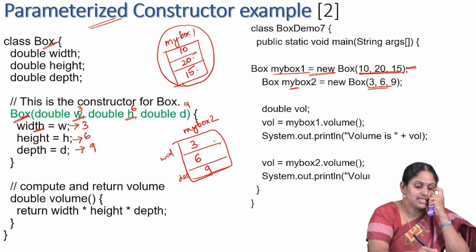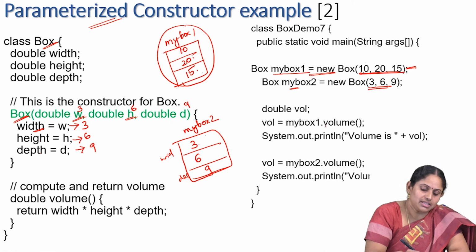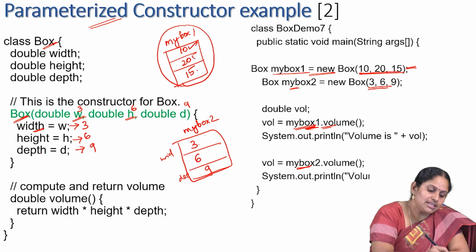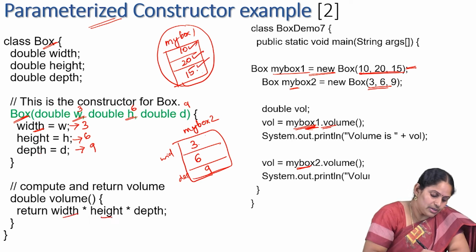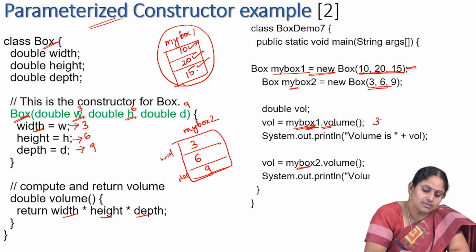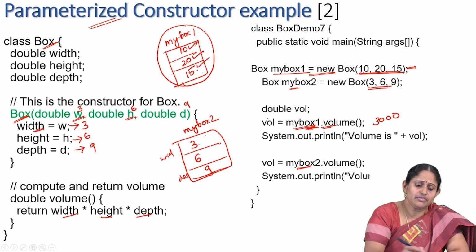Now these two objects are created. Again we are calling the method volume on mybox1 and mybox2. So when the method volume is called over mybox1, these values are extracted, it will find the product, and 3000 will be stored into volume and that is being displayed.